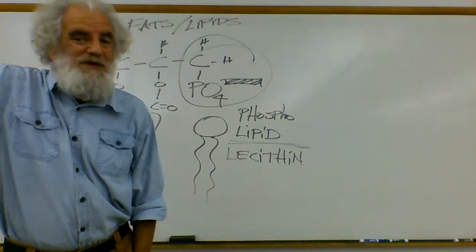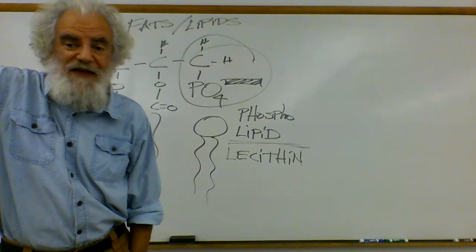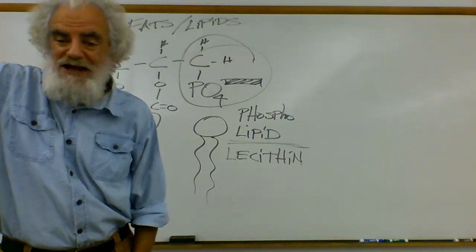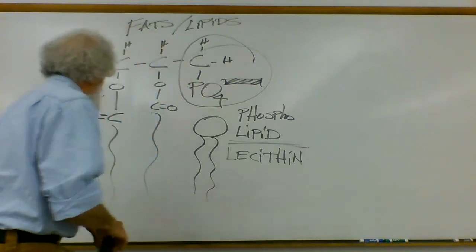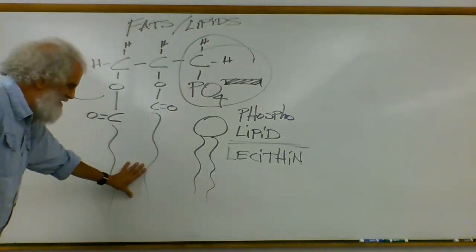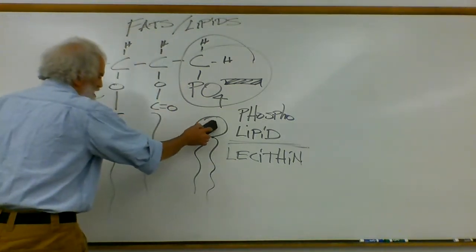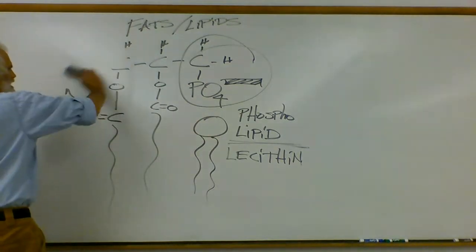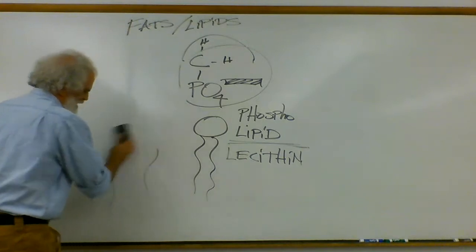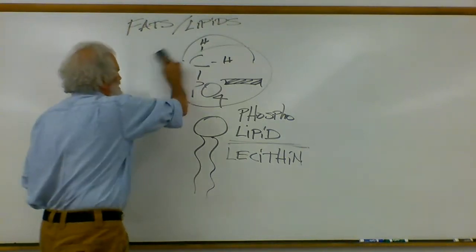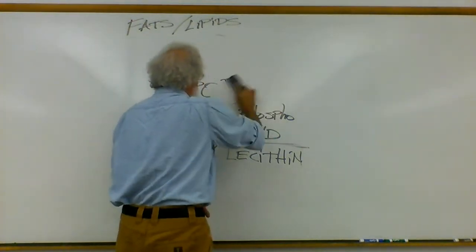So, some interesting things happen when we add this phosphate and begin mixing this with water. Let's look at what happens. So we've got this really big fatty acid tail and then this really polar head. Some interesting things happen when we mix this with water.